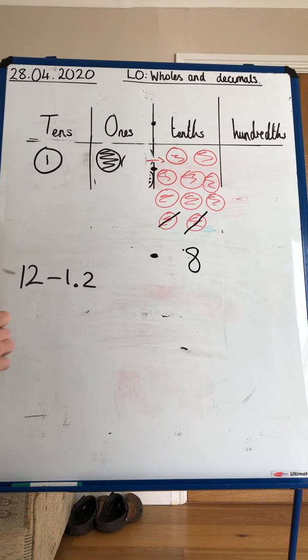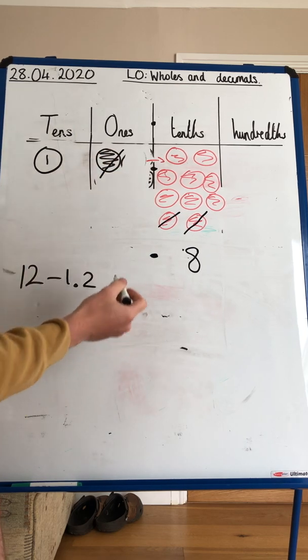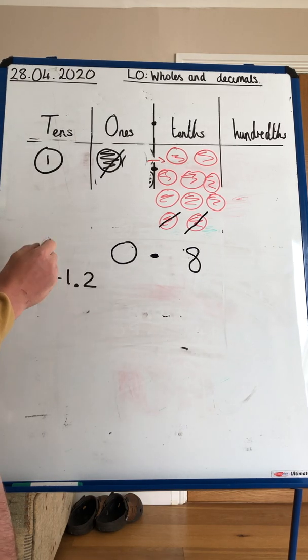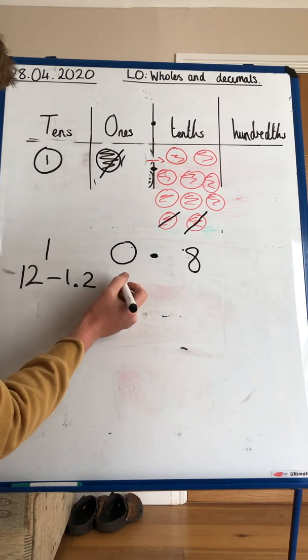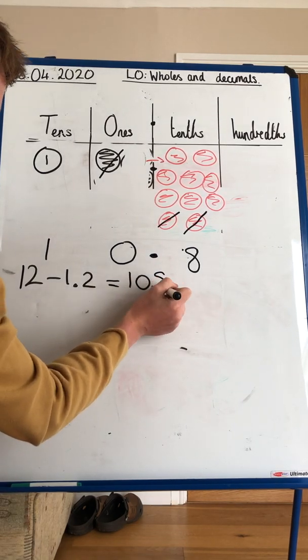Okay, and so we've done this one. I'm going to take away 1 from the ones column, okay? So I don't have any 1s left now. And then I don't need to take anything from the tens column, okay? So that is 1. So our answer to 12 take away 1.2 is 10.8.